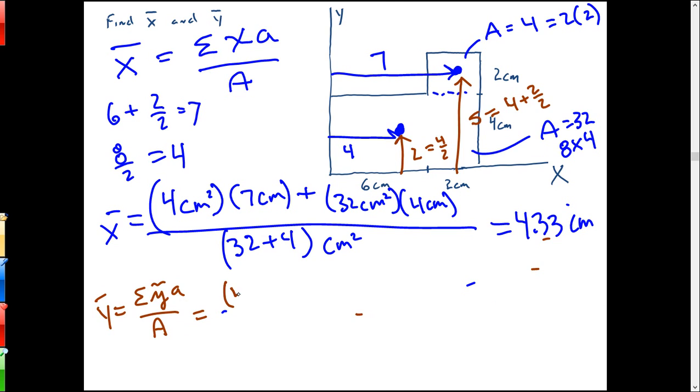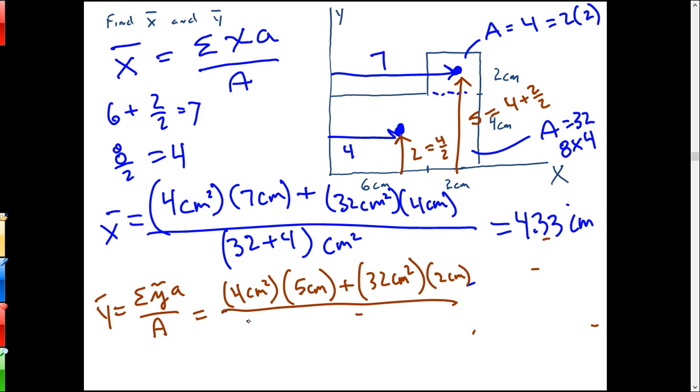So what do we got? We've got 4 centimeters squared times 5 centimeters plus 32 centimeters squared times 2. And then we'll divide that by 32 plus 4 again. There we go.